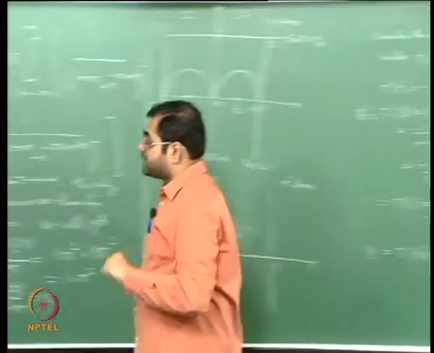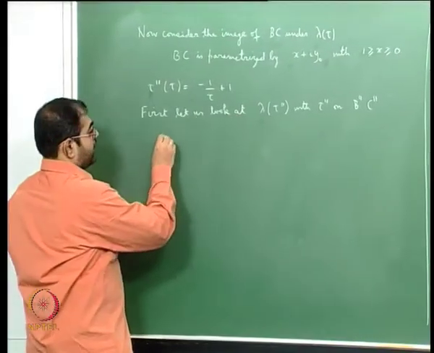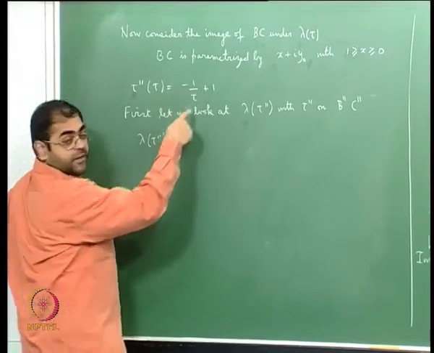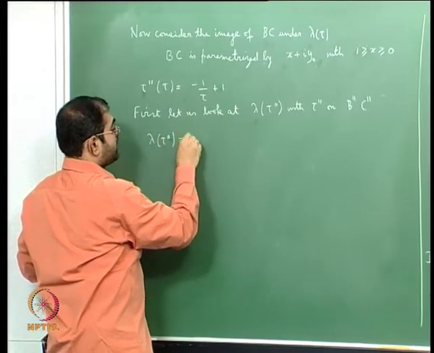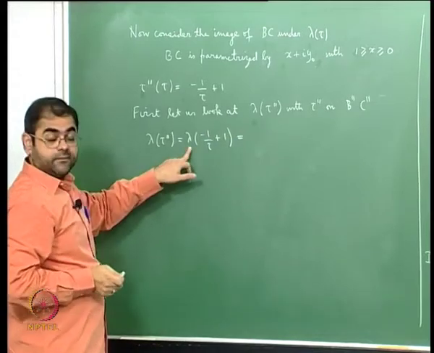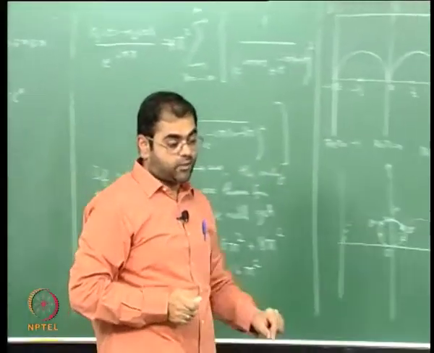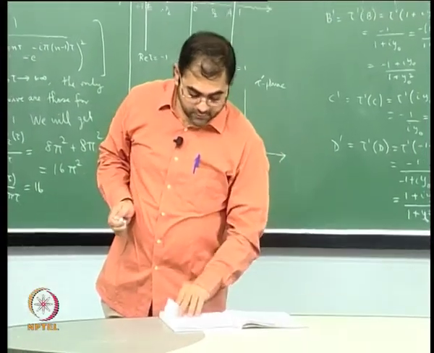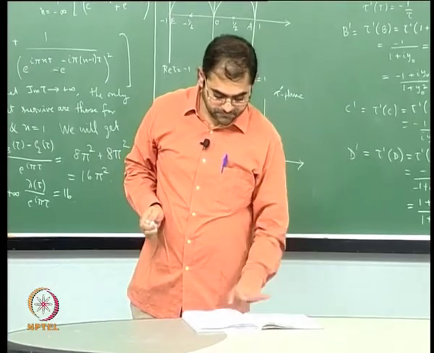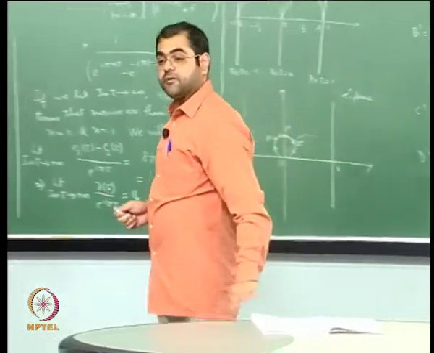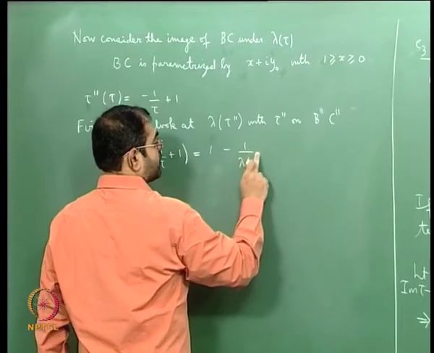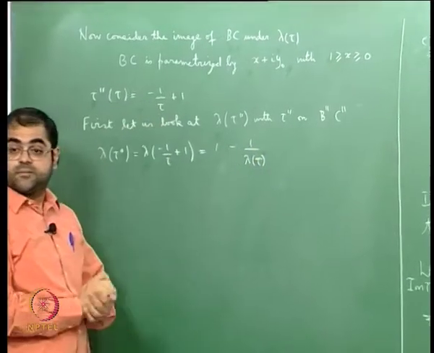So you see what you will get is lambda of tau double prime, but tau double prime is minus 1 by tau plus 1, so it will be lambda of minus 1 by tau plus 1. And you have a functional equation: lambda of minus 1 by tau plus 1 is 1 minus 1 by lambda of tau.